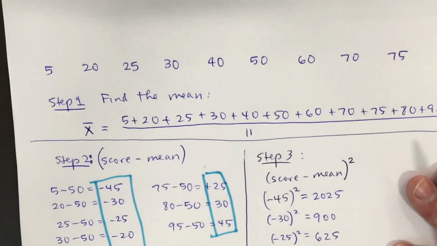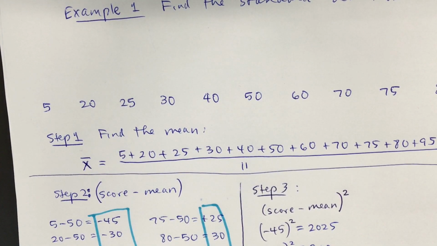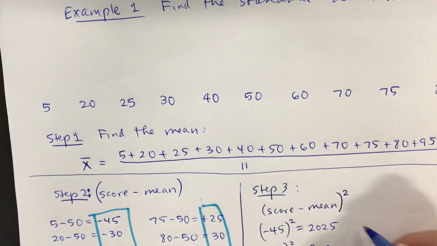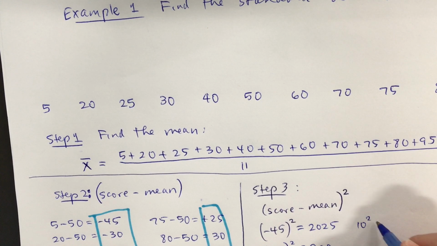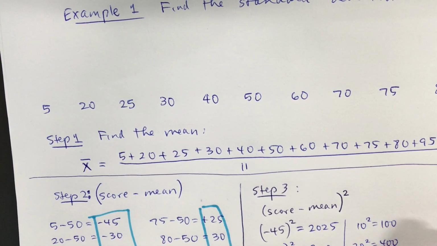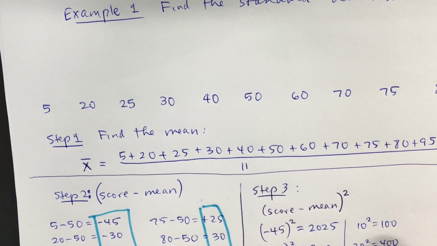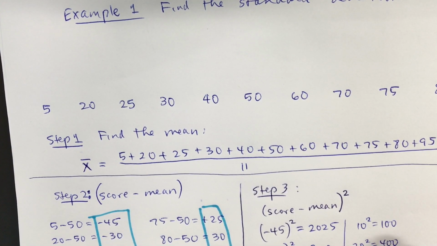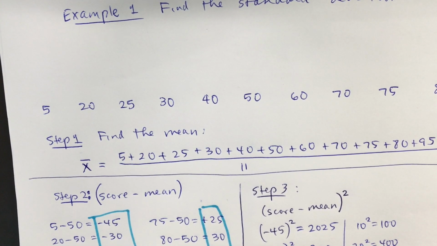Now, that's only a part of the numbers. I still have to do those positive ones I've gotten. 10 squared is 100. 20 squared is 400. 25 squared is 625. 30 squared is 900. And 45 squared is 2025.